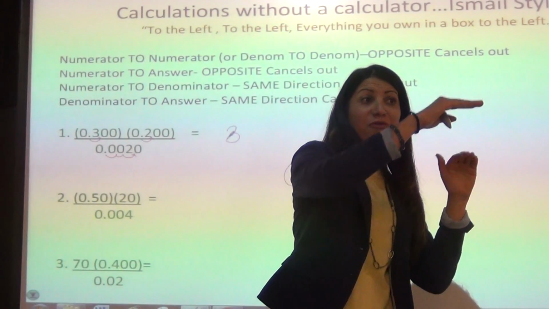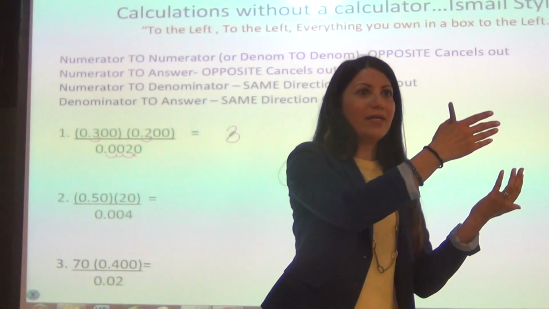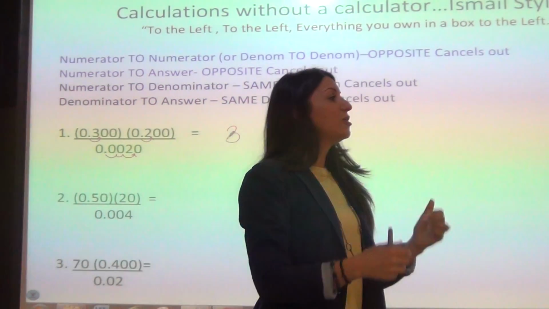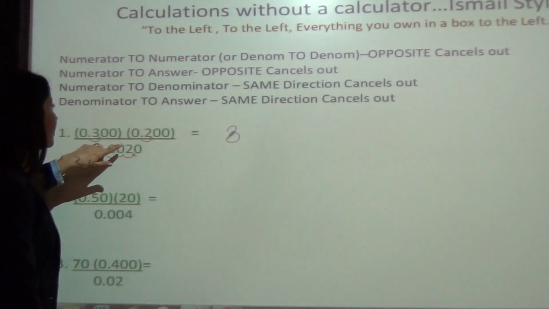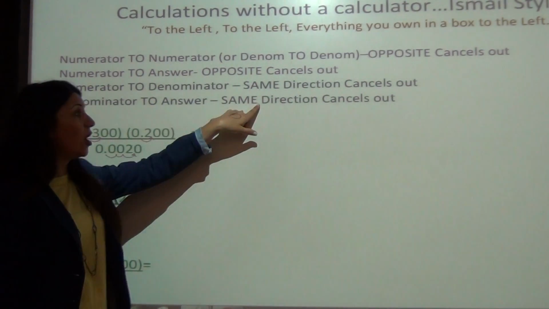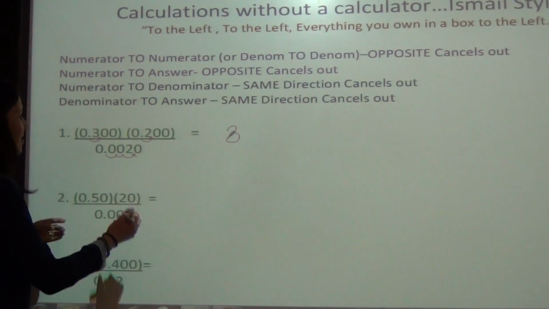If you multiply both by 10, what's 10 over 10 equal to, everybody? 1. So if they're both going to the left or both going to the right, those would cancel out. Same thing with denominator to your answer. If you're switching your denominator to your answer, it's also going to be in the same direction that will cancel out. So we're going to try this out.